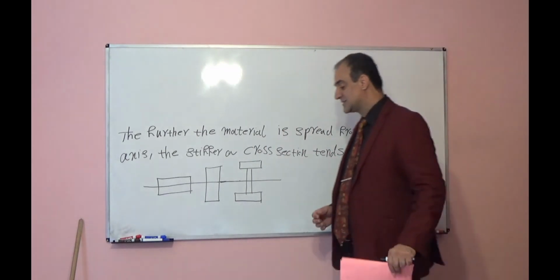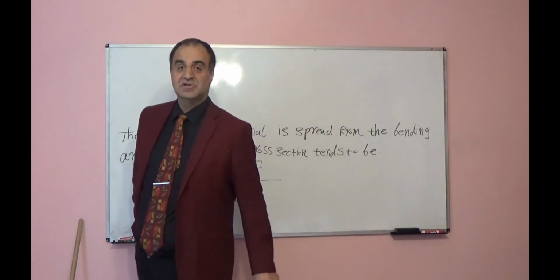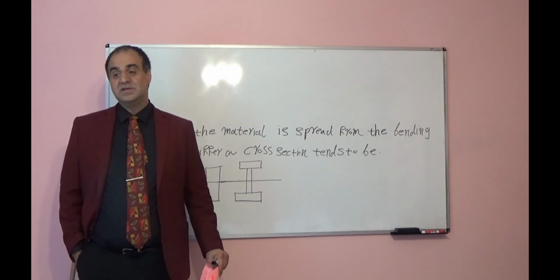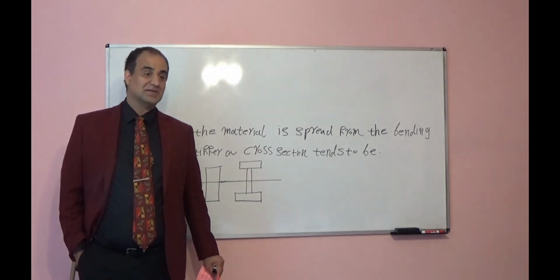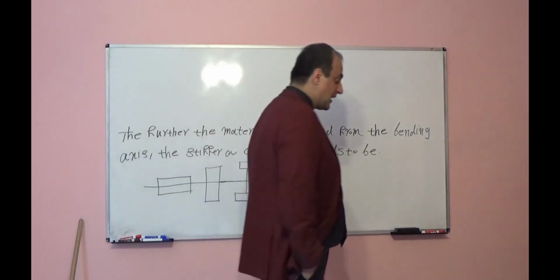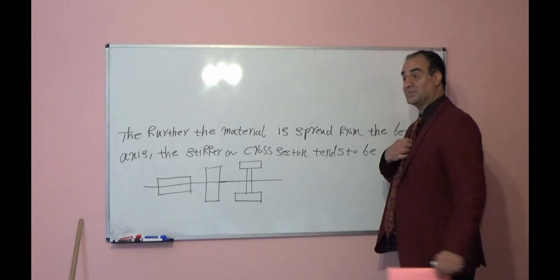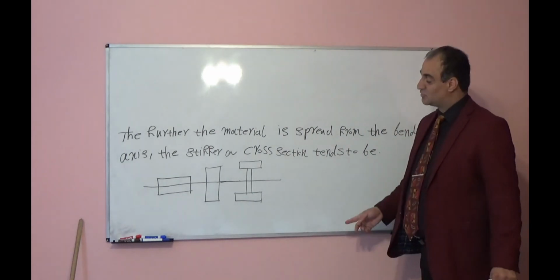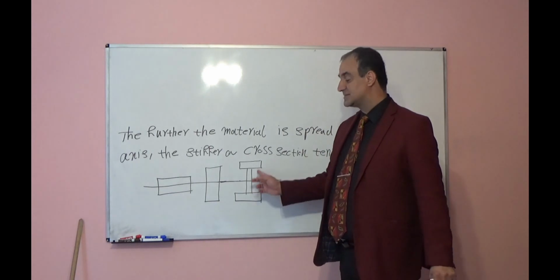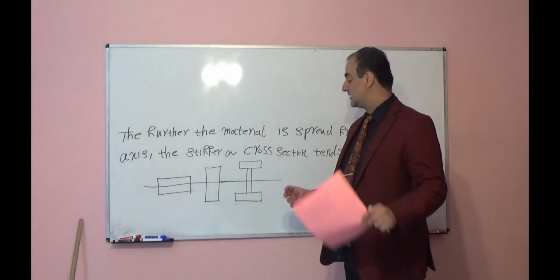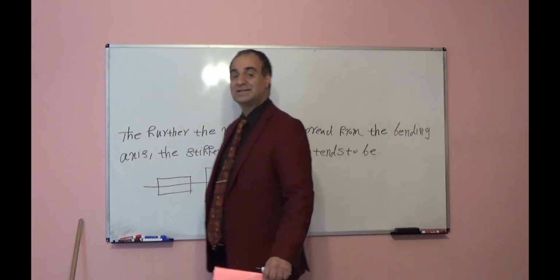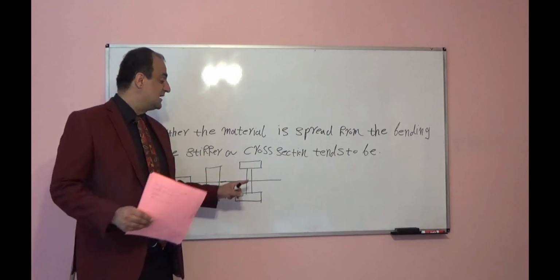This is the reason you see in construction most steel beams are I shaped. In wood you cannot do that because of labor cost; it is difficult to make an I-shaped wood beam. But in steel you can do that easily. So most steel beams are I-shaped because they try to put most of the material far from the bending axis, and that will increase the section efficiency.